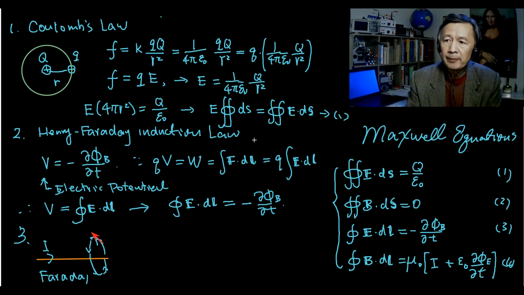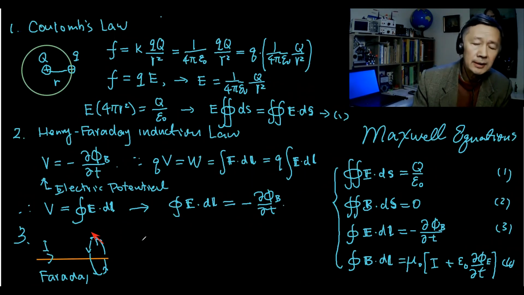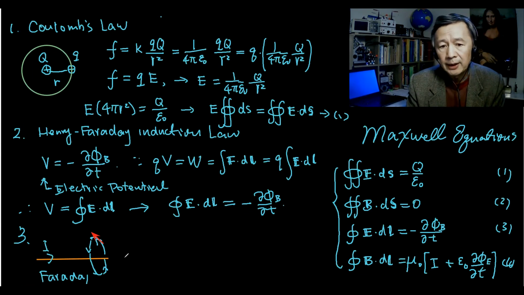When Ampere knew this result, he used his mathematical knowledge to rewrite it: B was found to equal mu 0 times the current divided by 2 pi r.